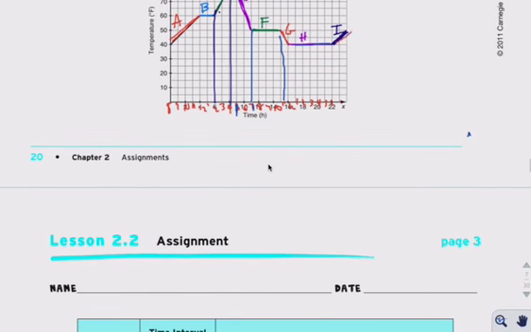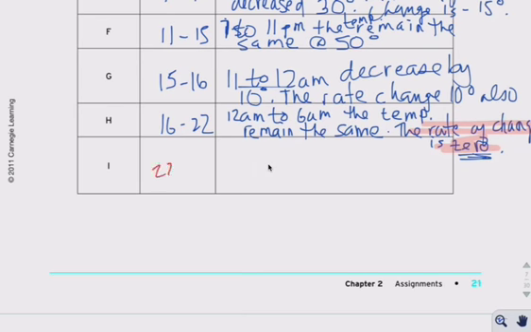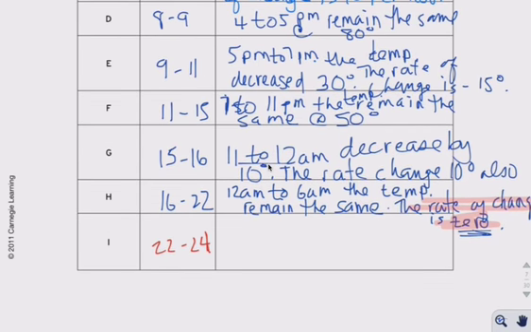I, right here, is increasing back from 6 to 8 a.m. It increases 10 degrees. So from 22 to 24 hours, that's from 6 a.m. back to 8 a.m., the temperature increased by 10 degrees.